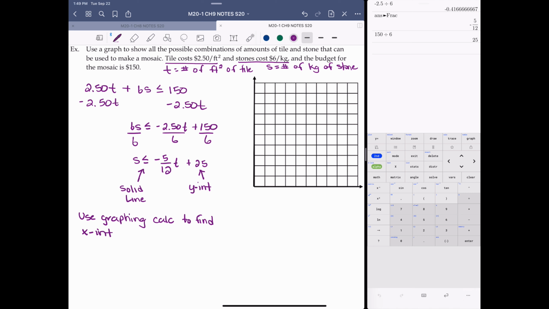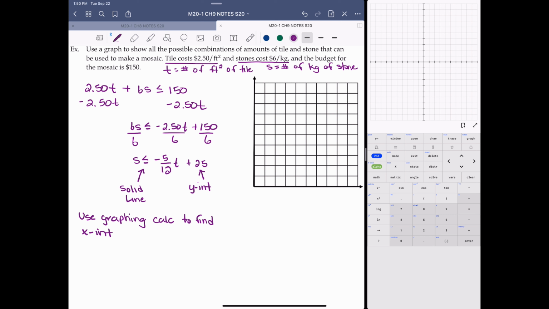Let's do that. Y equals, we're going to enter our equation, bracket, negative 5 divided by 12, close bracket, x plus 25. Graph. And if your window is, let's say, Zoom 3, this might be what you see, which is a whole lot of nothing.